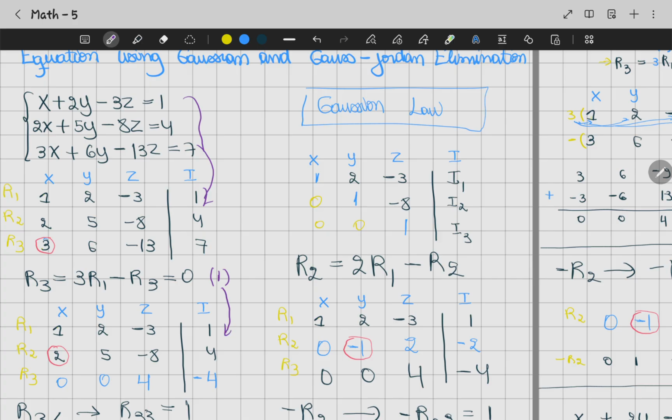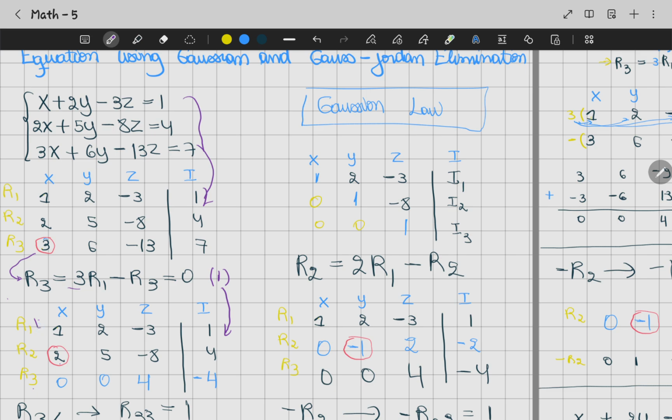Then we were solving for the 2. In order to make R3 1 into 0, that's why we applied this formula, and from there we got this matrix.